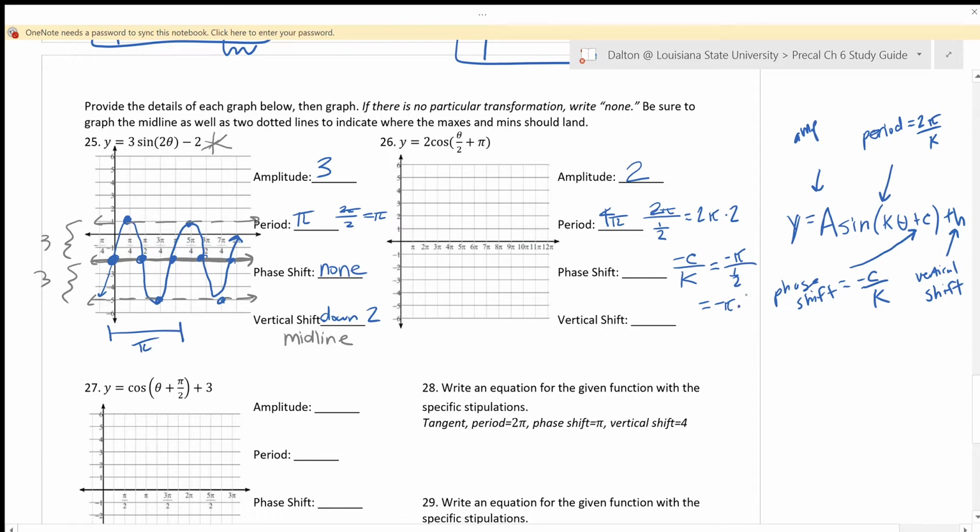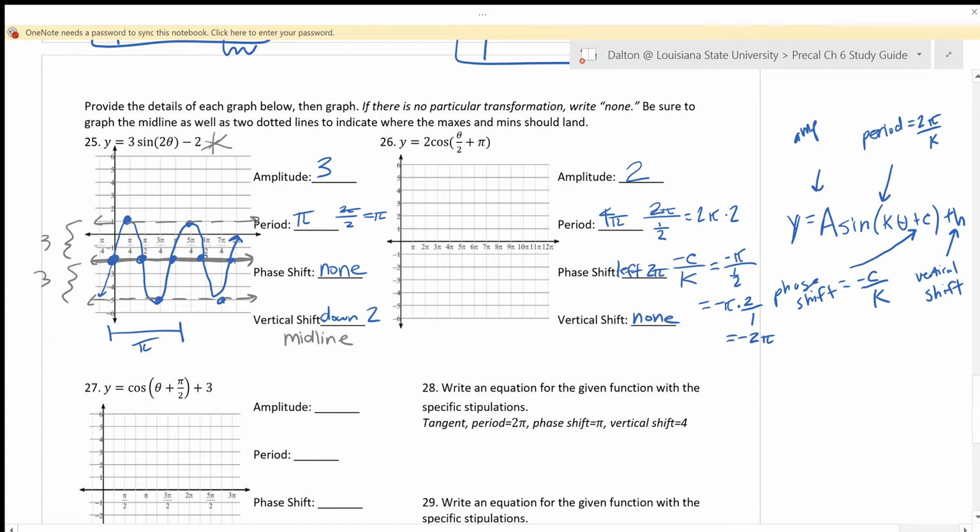So that's going to be negative 2 pi, right? So if that's negative 2 pi, then that means our phase shift is going to be to the left 2 pi. And then the vertical shift, there is no plus h, which means none. There is no vertical shift.